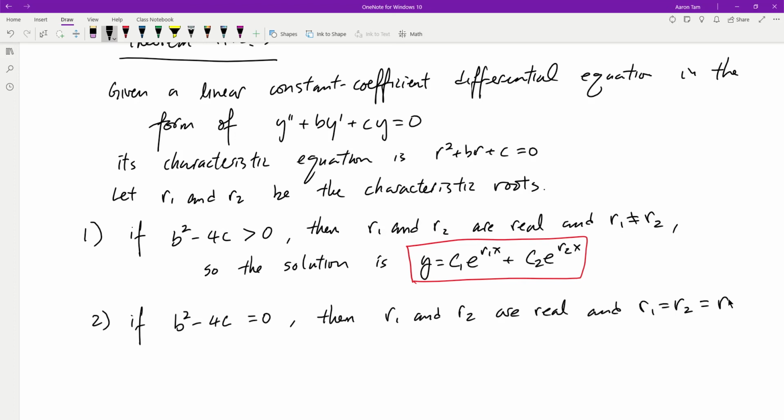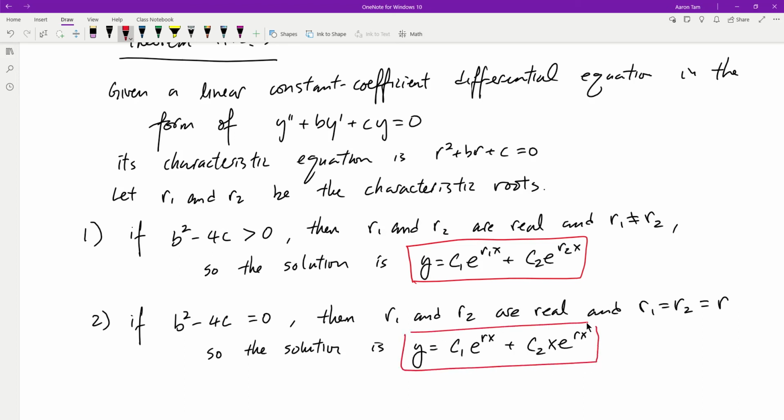In that case, the solution is y equals C1 e to the Rx plus C2 x e to the Rx. So no surprises there, because we already talked about double roots.